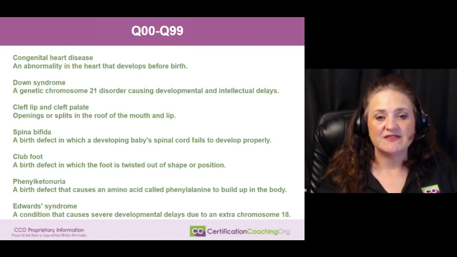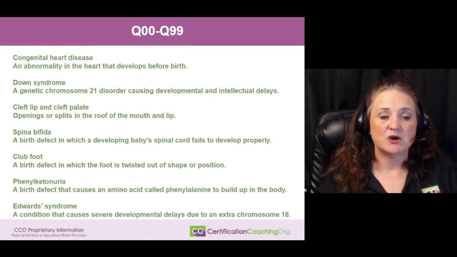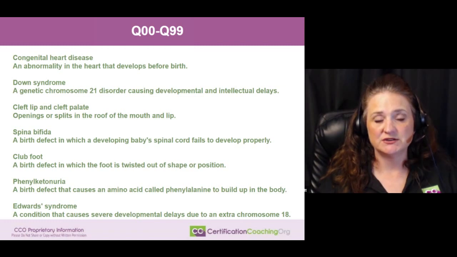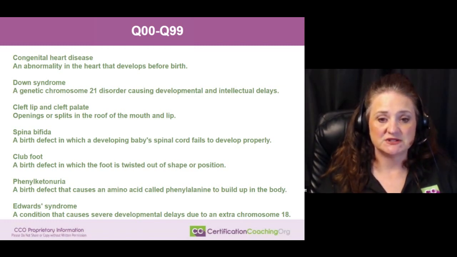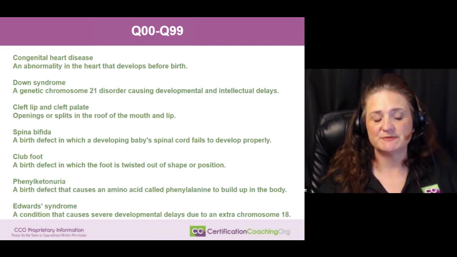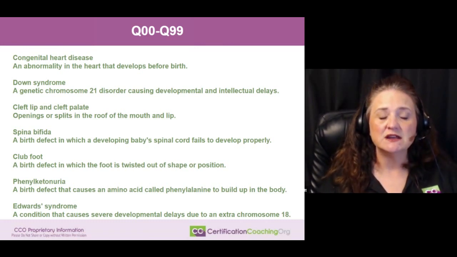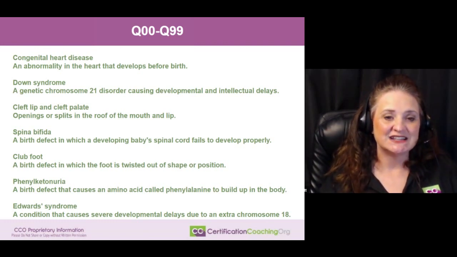Spina bifida, that is pretty fascinating. I actually know two people that have spina bifida. One was a friend of my daughter's. Now they're adults, but as a teenager she was in a wheelchair and she was born with spina bifida. And then my daughter's mother-in-law was born with spina bifida, and they didn't discover hers until after she had her first child.